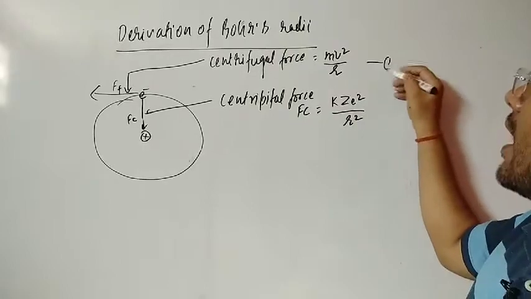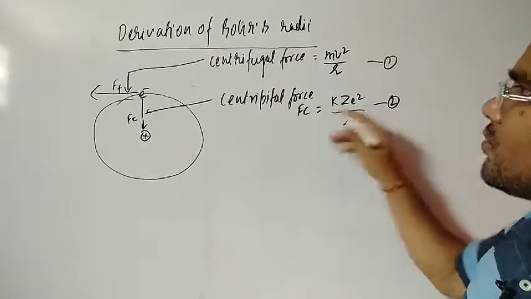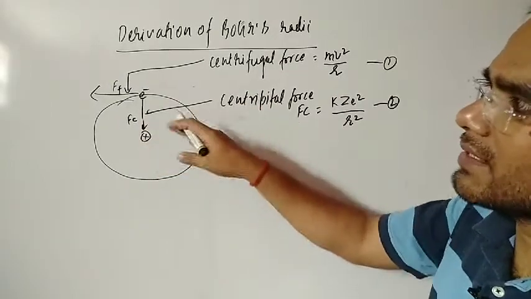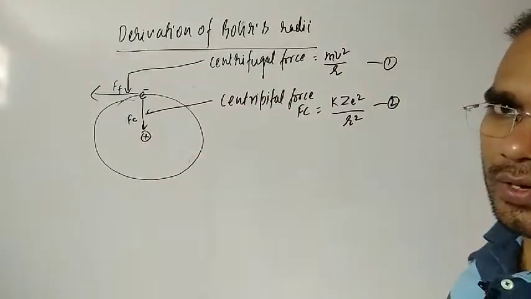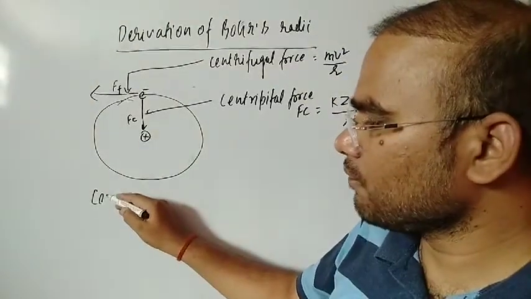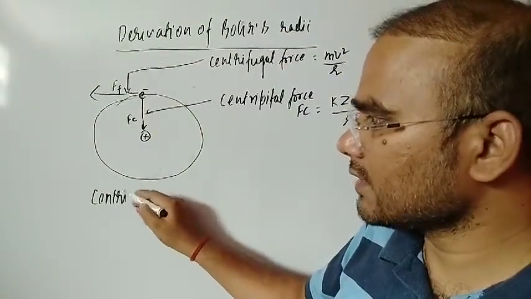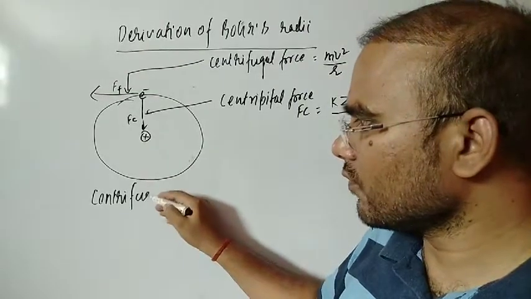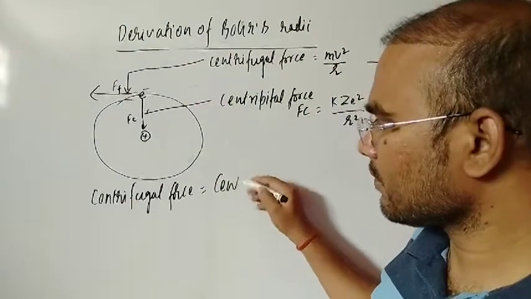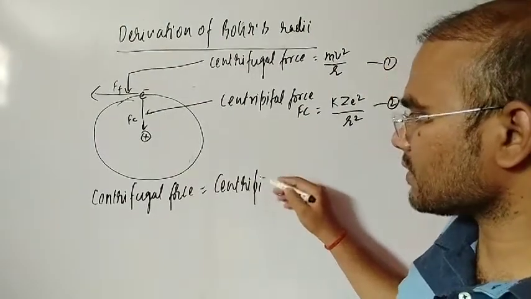These two forces are equal to stabilize the electron in the orbit. So centrifugal force is equal to centripetal force.